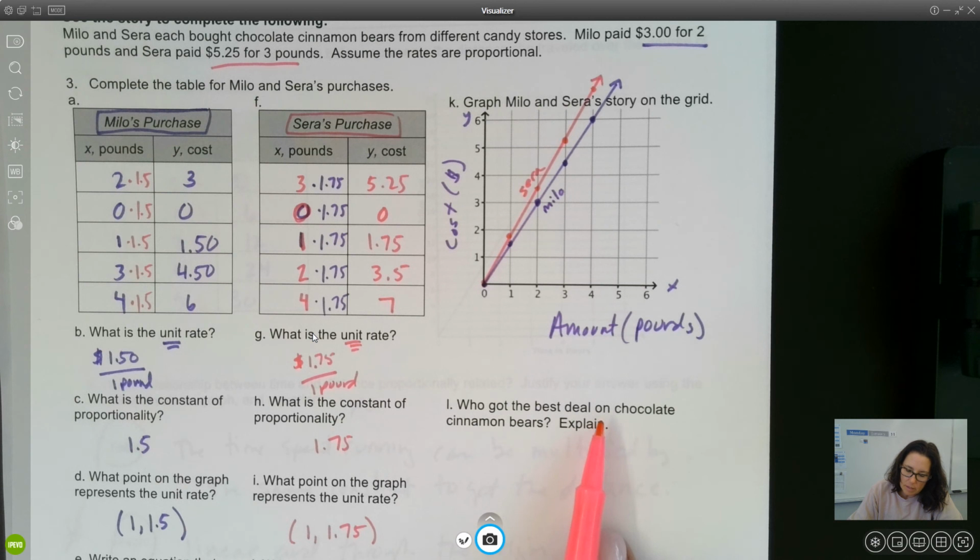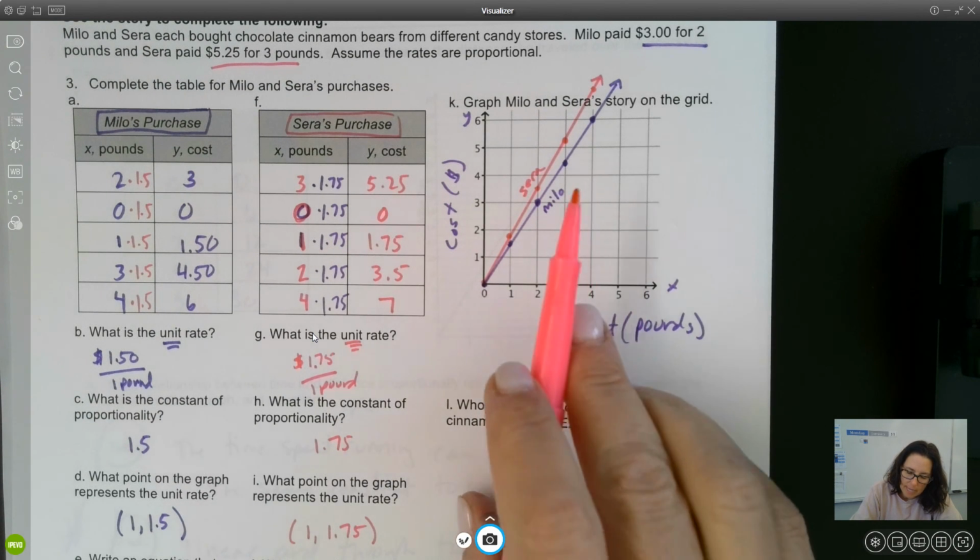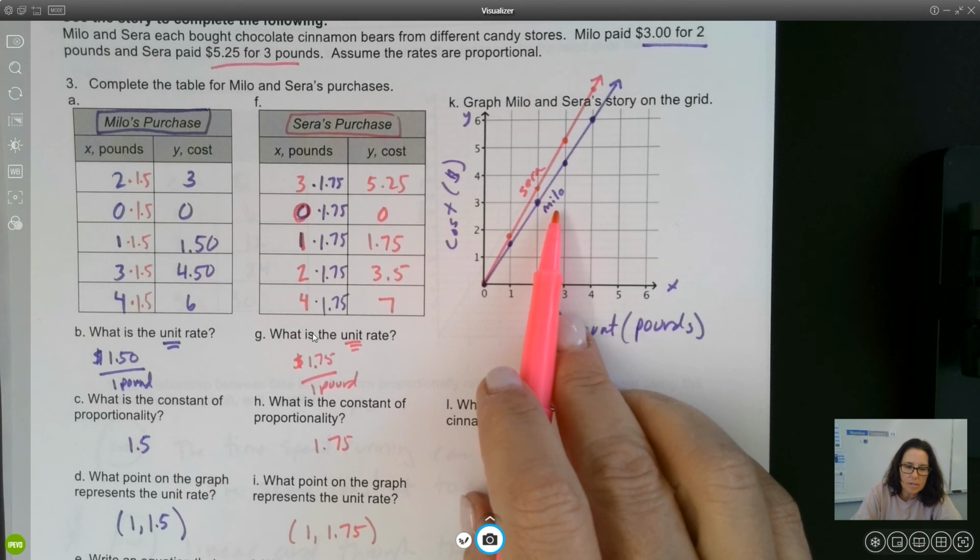All right, who got the best deal? Okay, is everybody good with Milo got the best deal because he paid $1.50 per pound versus $1.75 per pound.